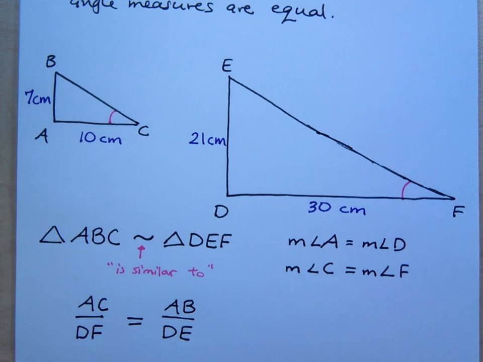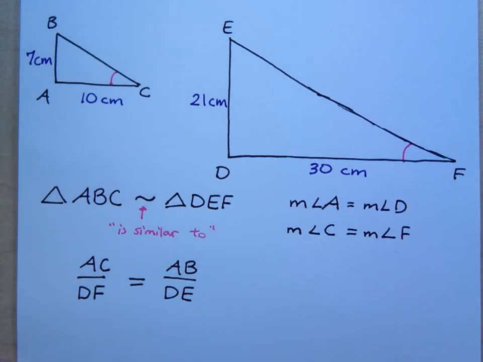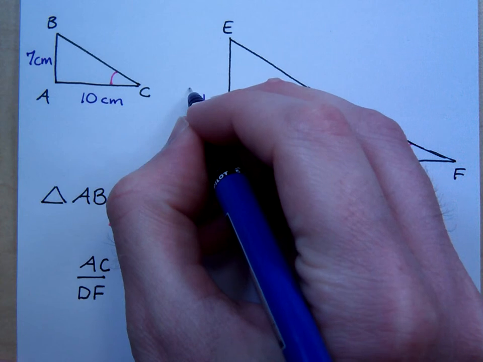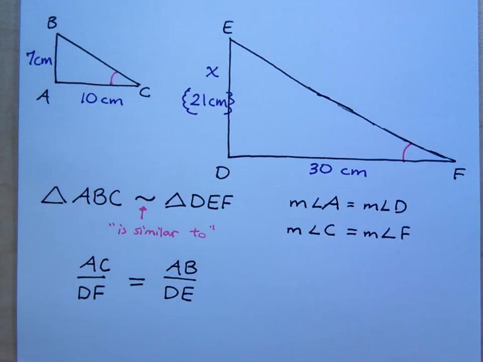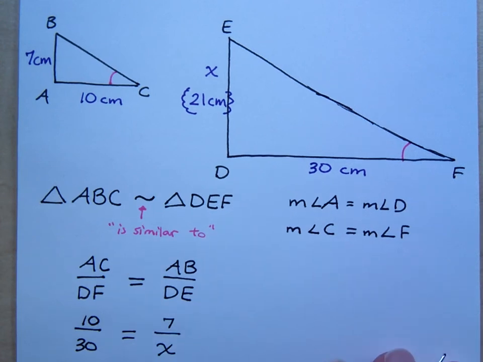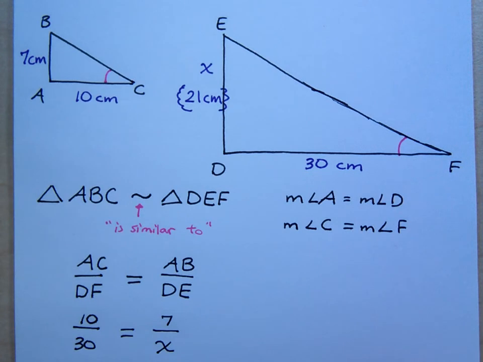If you don't believe me, check out the ratio that we have here. Let's suppose we didn't know this, and I said this guy is equal to X. I'm saying that AC, 10, to DF, which is 30, would have the same ratio as AB, which is 7, to DE, which if we label this as X, we have created a proportion, right? And what do we know about proportions?